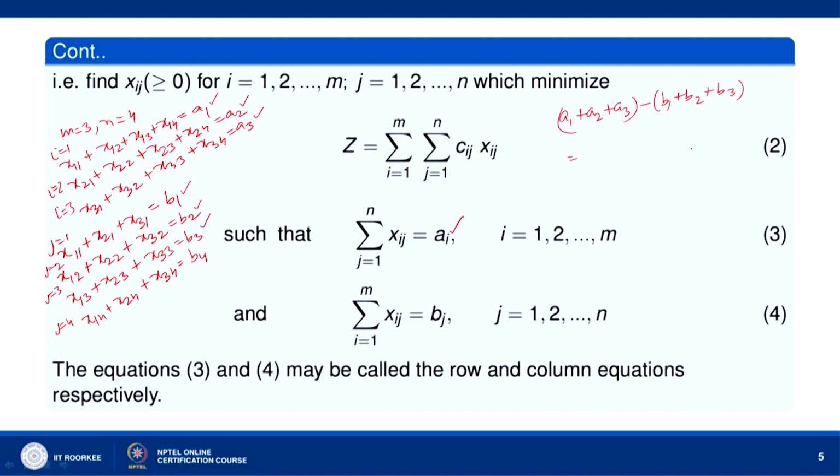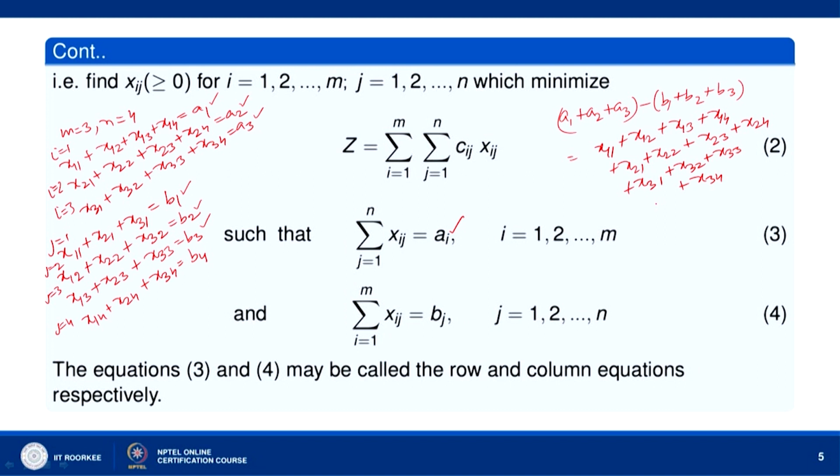So, what will we get? x11 plus x12 plus x13 plus x14, that is a1, plus x21, x22, x23, x24, and then x31, x32, x33, x34. So, the first three equations give us this.